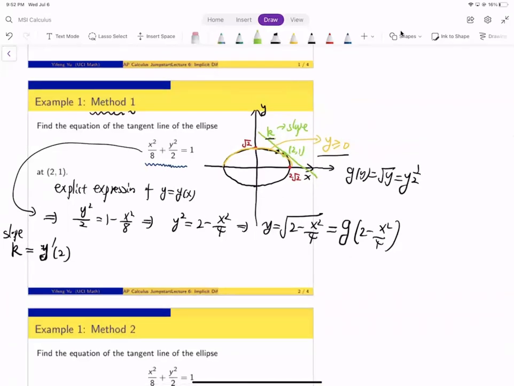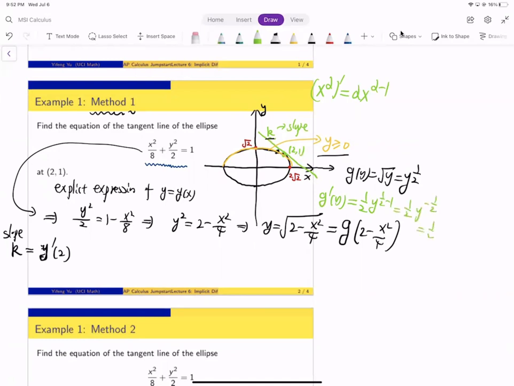And then if you take the derivative of a power function, what do we do? From the previous video, we know that for x to the alpha, the derivative is alpha times x to the alpha minus 1. So this is what we did before. So it's 1/2 y to the 1/2 minus 1, which is y to the negative 1/2.